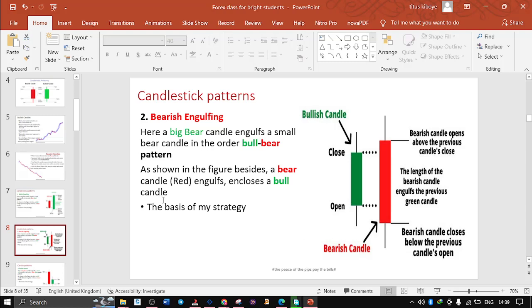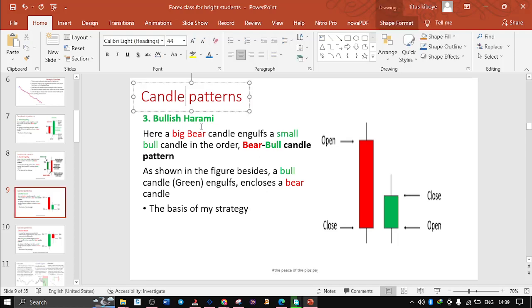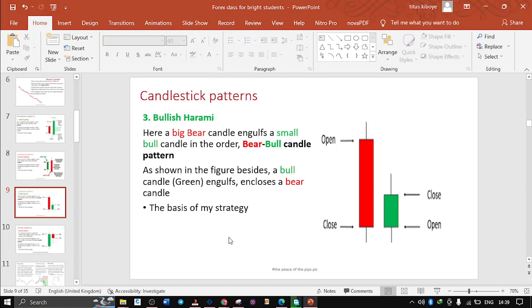Are we okay? We go to the next slide. We continue. Another thing is here. This one is called a bullish harami. You see how it looks?